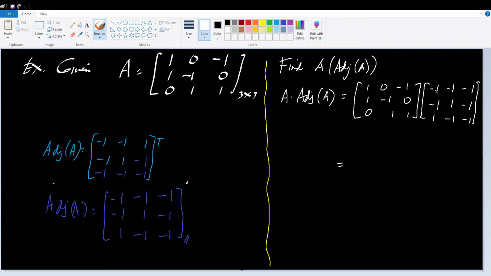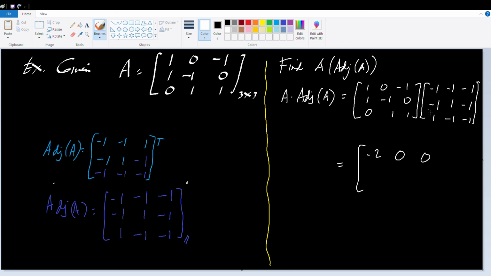So 1 times negative 1 is negative 1, 0 times negative 1 is 0, negative 1 times 1 is negative 1. So negative 1 plus 0 and negative 1 gives us negative 2. Okay? Next, first row, second column: negative 1, 0, and positive 1, that will be 0. First row, third column: negative 1, 0, and positive 1.